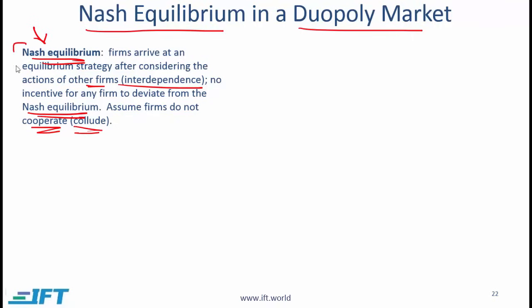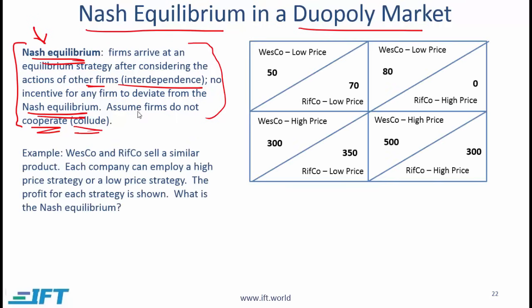As a general point, this whole concept of Nash equilibrium and how we arrive at Nash equilibrium is a subset of what is called game theory, where we use various tools and techniques that involve evaluating the response of competitors to our behavior. Let us understand Nash equilibrium through an example. Say we have two companies, Wesco and Rifco.